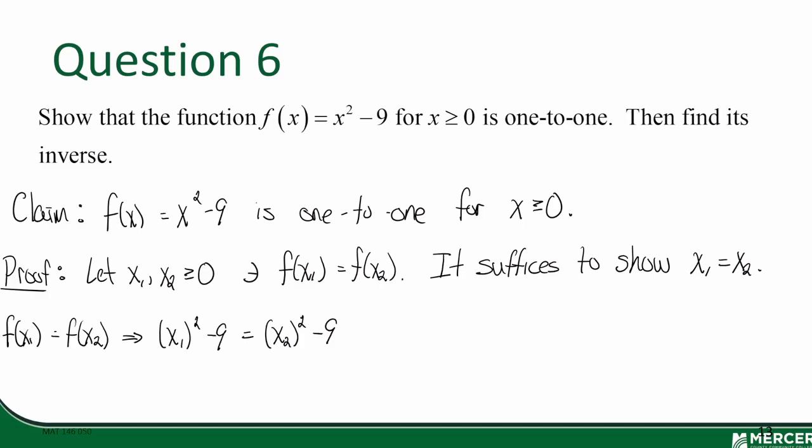What we have is x1 squared minus 9 has to equal x2 squared minus 9. Another way of writing that, I'm going to add 9 to both sides without the parentheses. We have x1 squared equals x2 squared. This means the absolute value of x1 equals the absolute value of x2.